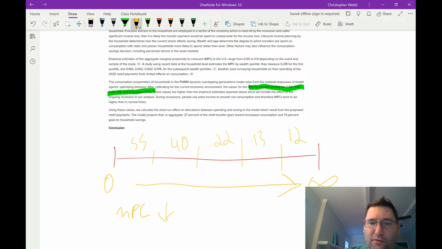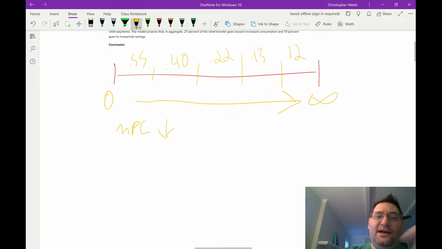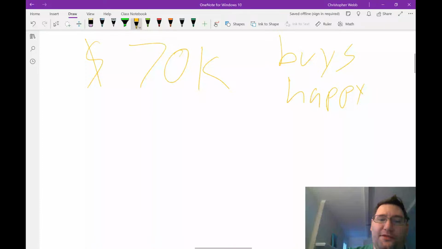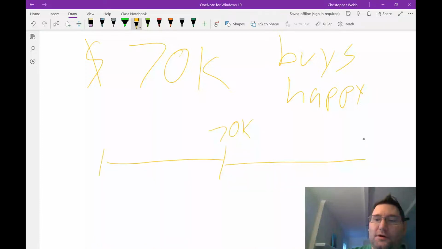So what we see here is that every time somebody increases their income, the amount that they consume decreases. Now, this goes hand in hand with the study that shows happiness, right? Once you hit that threshold of 70,000, you no longer need to consume for daily life.